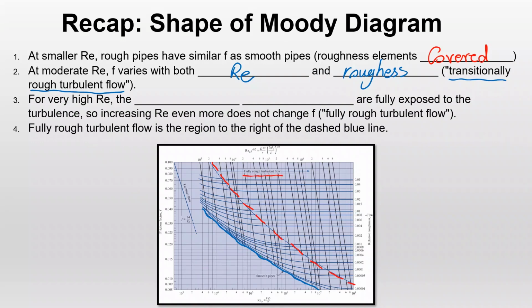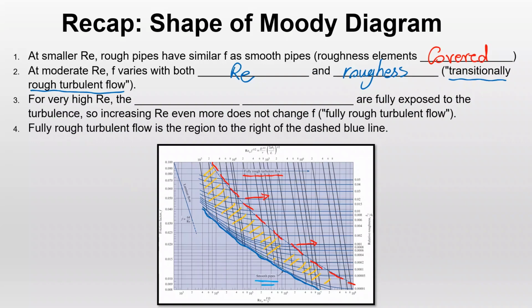So anything on the right hand side of this red line is fully rough turbulent flow. Anything on this smooth pipeline is smooth. So the region in between the two, in which the Reynolds number lines are almost curved for the most part, is called transitionally rough turbulent flow. The flow is still turbulent, but it's transitionally rough. It's something between smooth and fully rough turbulent flow, okay?